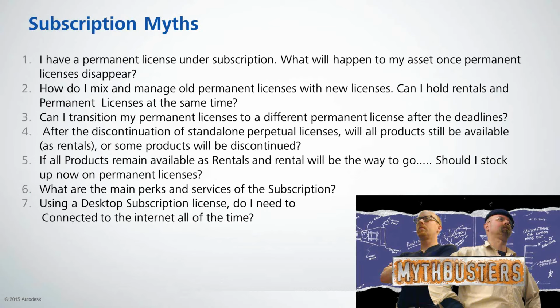As long as suites are available in the permanent license file, you can do that cross-grade. So come July 31st, after that deadline, we're not selling any new permanent licenses anymore. We're still supporting them, but we're not selling new ones. So there would be no cross-grading or transitioning of those licenses at that time.